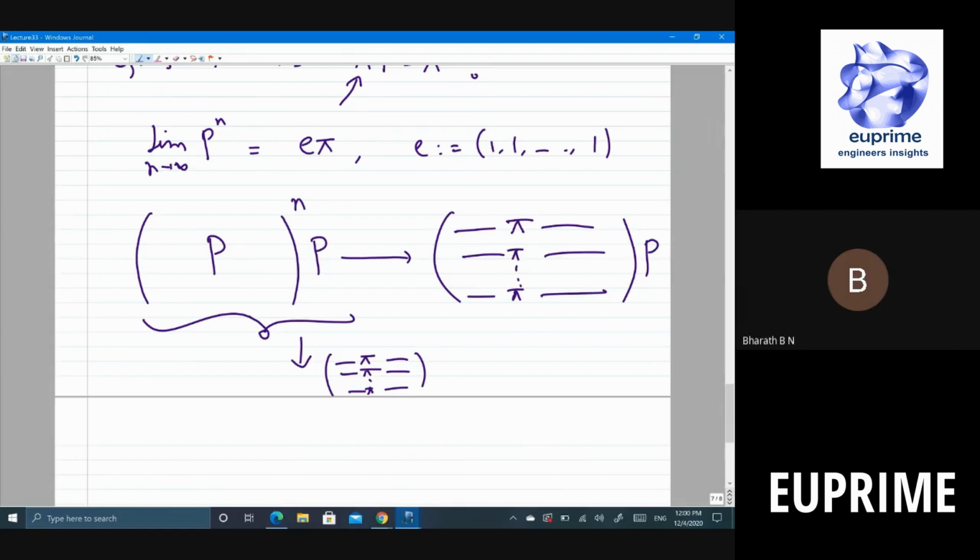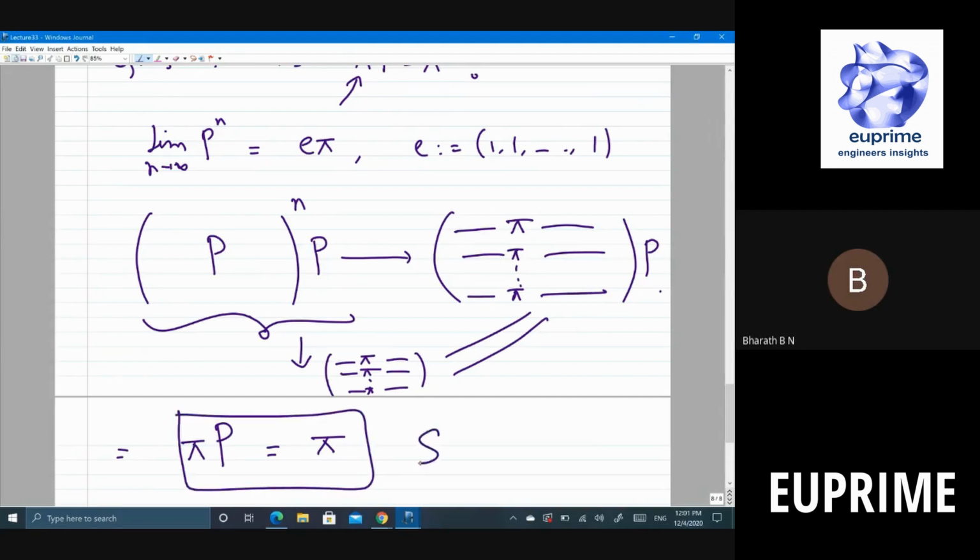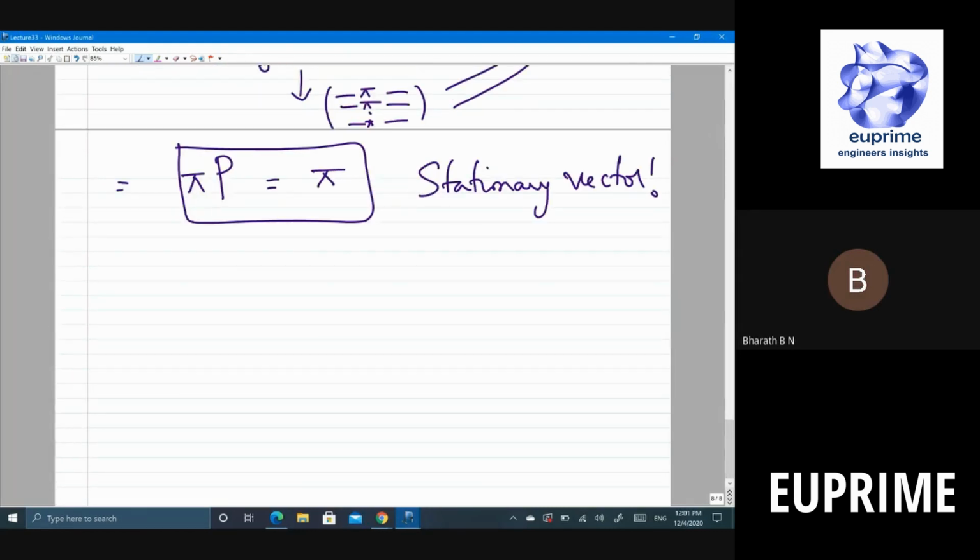As n goes to infinity, P power n plus 1 is also pi, right? Do you agree? Yes, sir. So now this whole thing I can write as pi P. These two should be equal, right? It is equal to pi, because I'm looking at each row. Do you agree? Stationary, right? Okay. Yeah, fine. So this is the stationary vector.